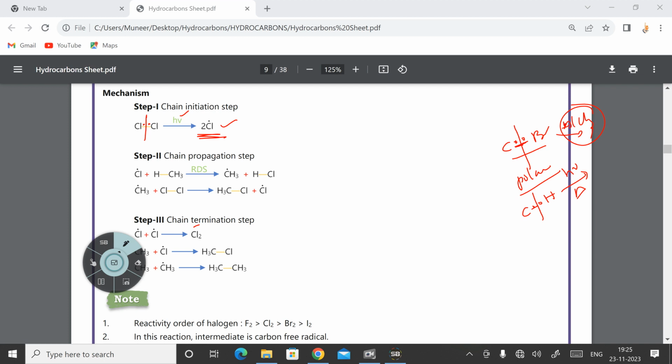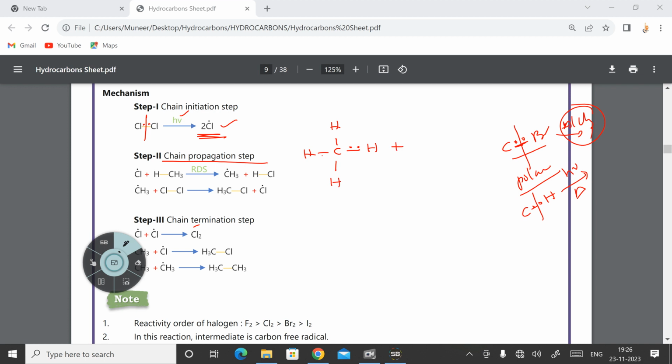Okay. Now step 2, chain propagation. This free radical, see, CH3 and H. Here in each bond there are 2 electrons, here 2 electrons, here also 2 electrons, here 2, here 2, here also 2.